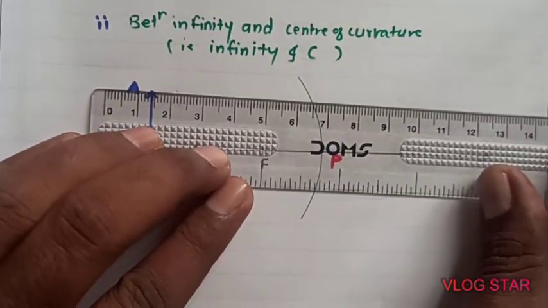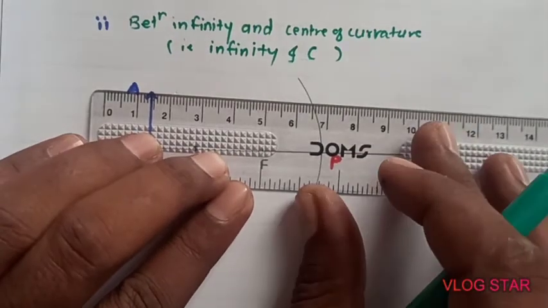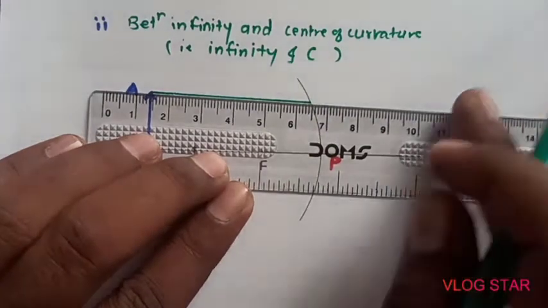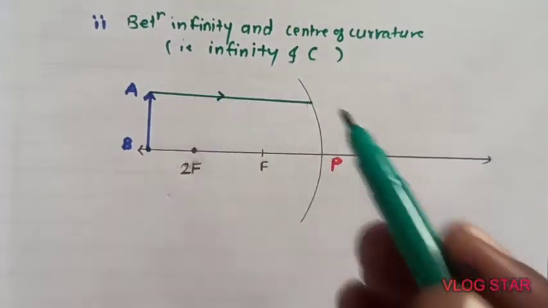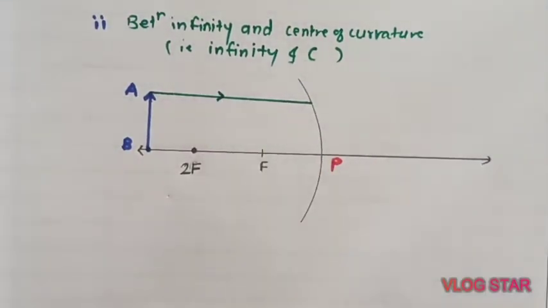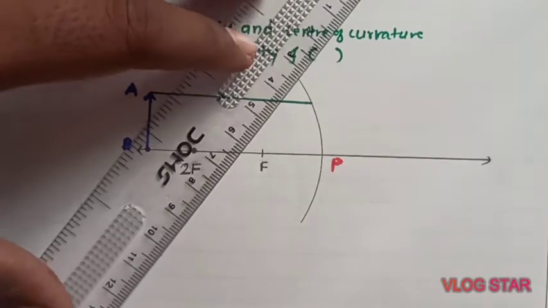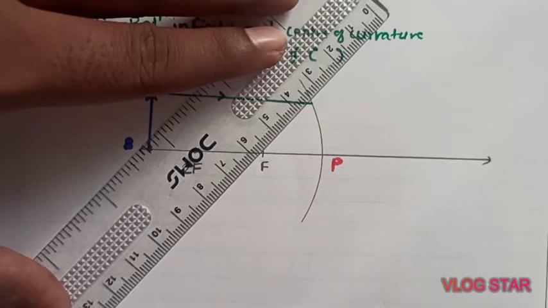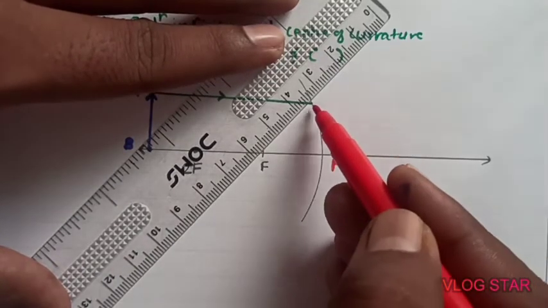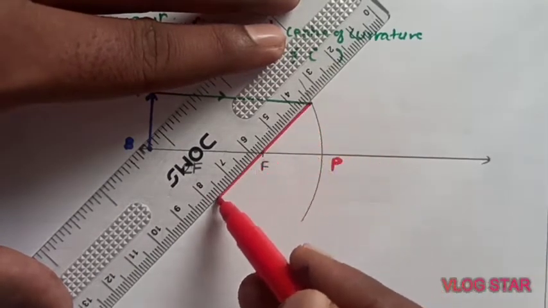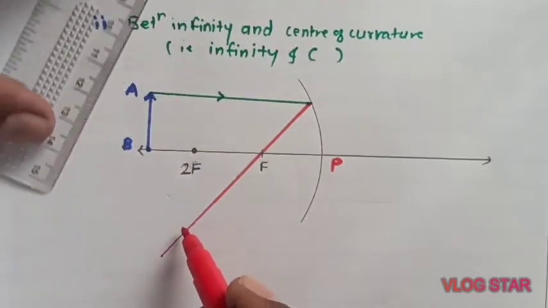Be careful and draw it correctly, then only you will get it accurate. This is the incident ray which is parallel. What does the rule say? Incident parallel, then the reflected must be through the focus.